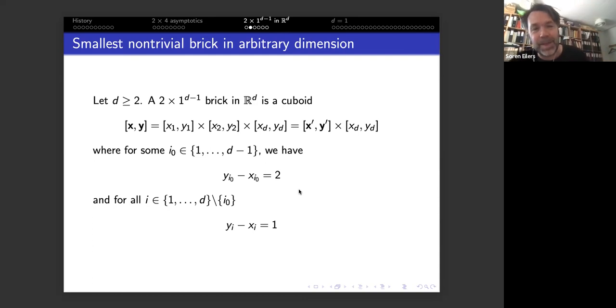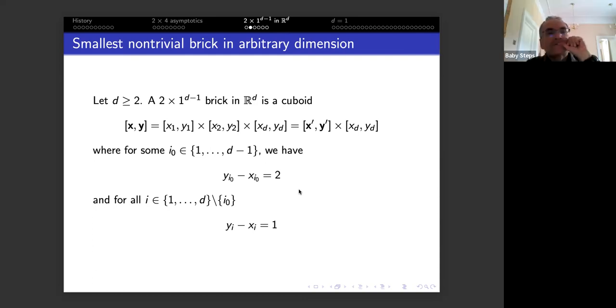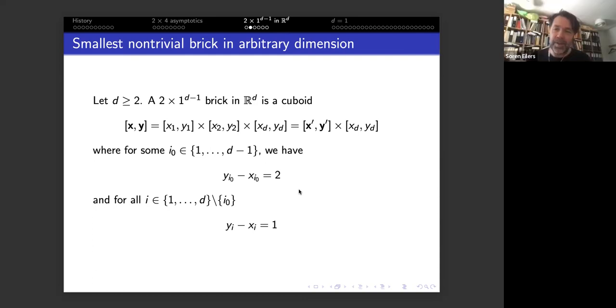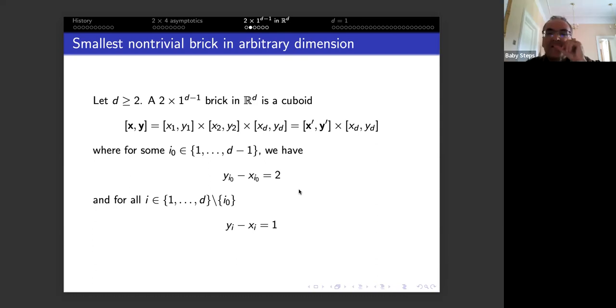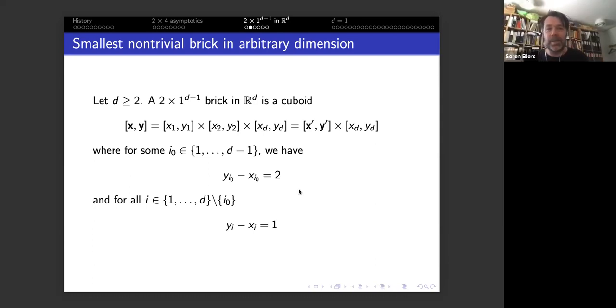So what I'm going to say is that there's something special about one of the dimensions for a 4-dimensional Lego brick, for instance. Just like for a 3-dimensional Lego brick, there's something special about the dimension that we usually think of as the top and the bottom. This is where we attach the buildings to each other. So if we take any D, this is now my dimension, what is a 2x1 brick?